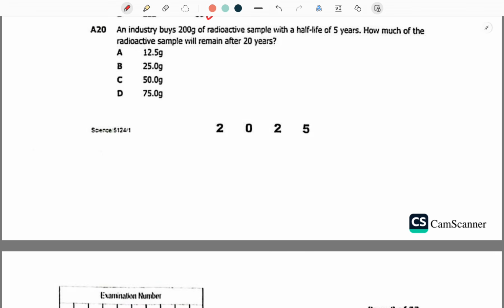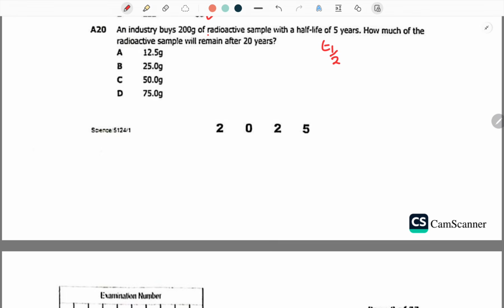An industry buys 200 grams of radioactive sample with a half-life of 5 years. How much of the radioactive sample will remain after 20 years? Let me show you how to solve this question, the simplest way.